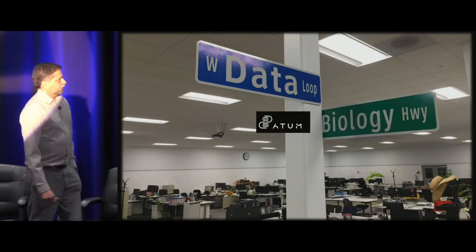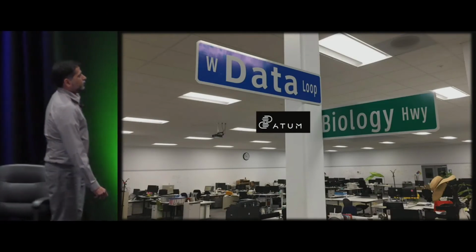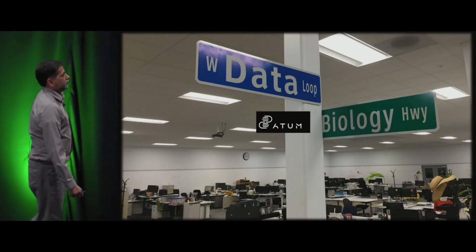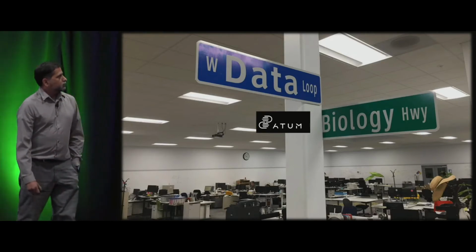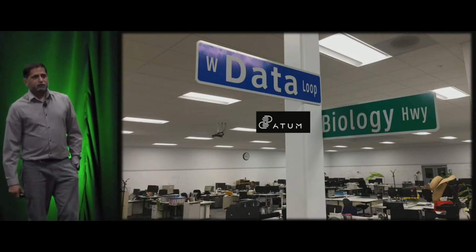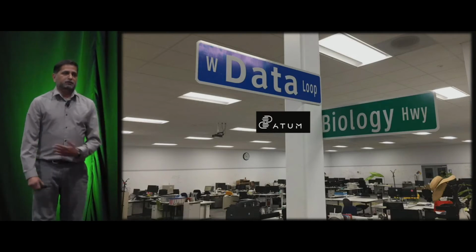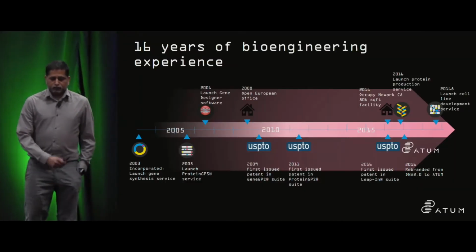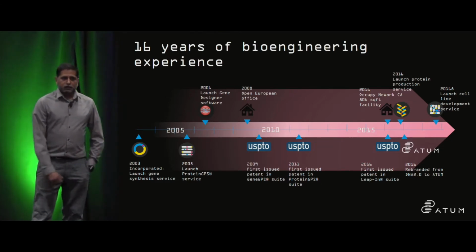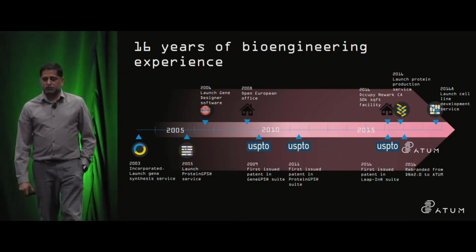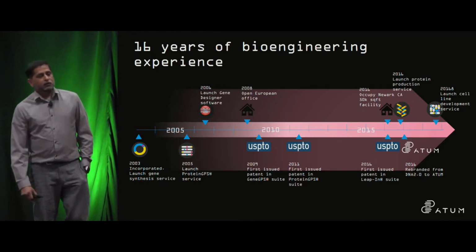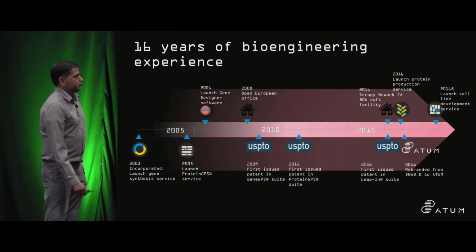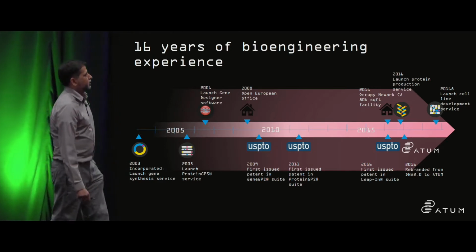So before I start, a brief thing about Atom. We started many years ago, and we consider ourselves as working at the intersection of data and biology. We've been around 16 years, started in 2003. Along the way, we developed lots of different technologies, including the one I'm going to be talking about.